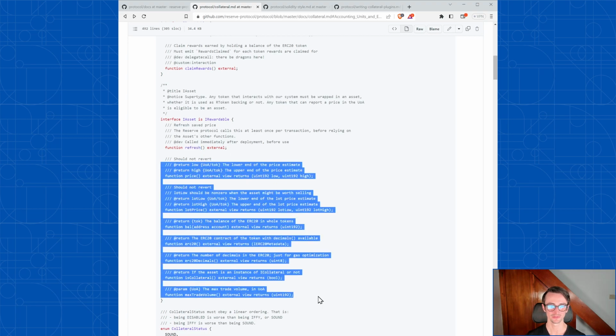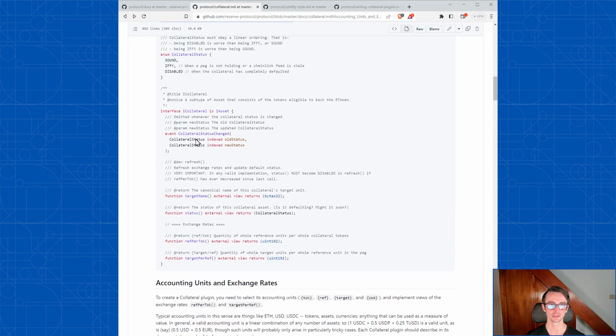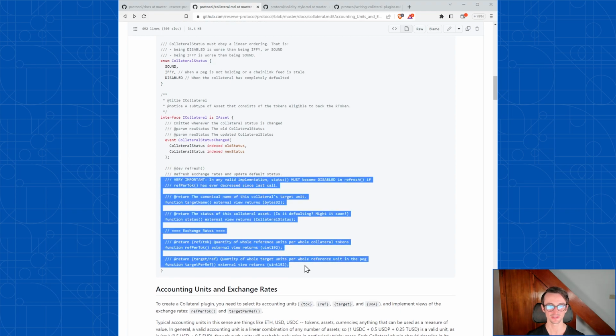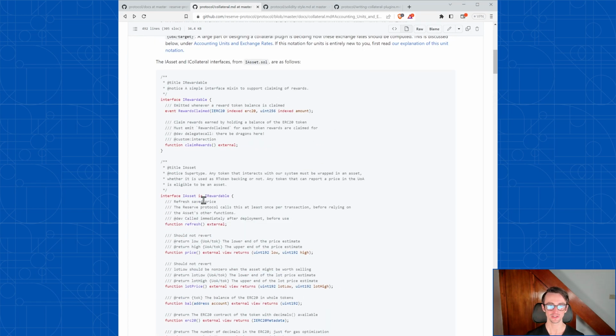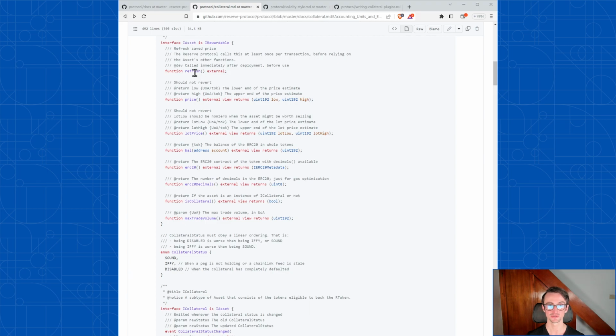Every other function, so all of these, and if you're building a collateral, then also these, you'll notice these are all views, okay? And it's expected, actually just straight up at the beginning of any protocol interaction, you're issuing RToken, redeeming RToken, trading, whatever, every single registered asset is refreshed in order to prepare its state for all these functions later on.